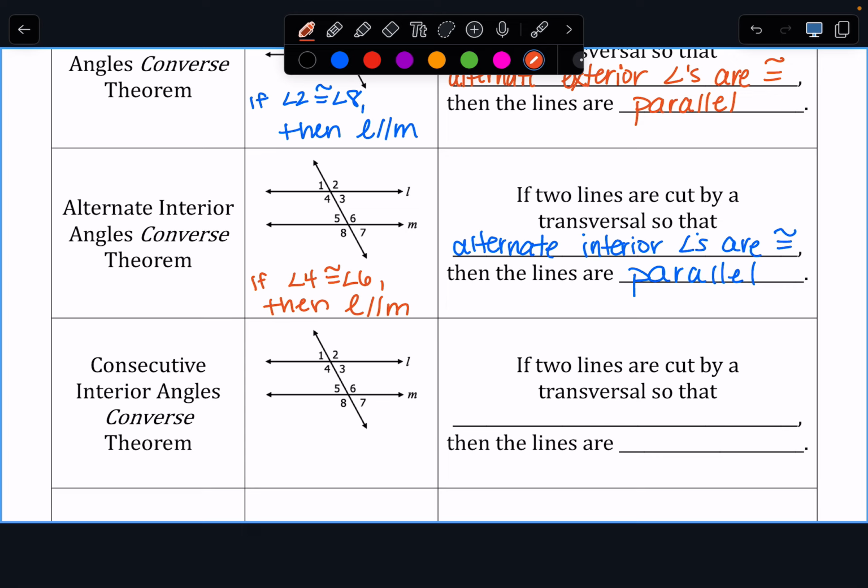Now, what do you think needs to be true about our consecutive interior angles? Supplementary would be the word. If we have consecutive interior angles that are supplementary, then our lines are going to be parallel.